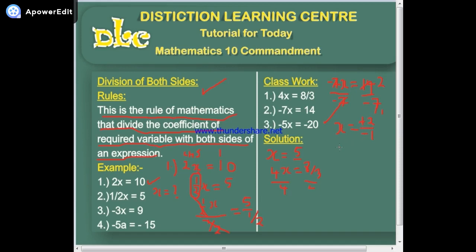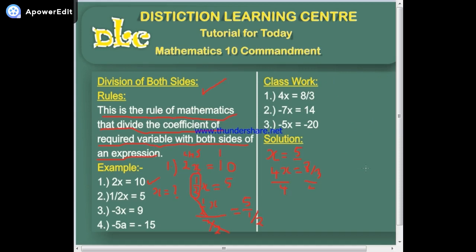We give you minus. And 2 divided by 1, we give it 2. So that means our x equal to what? Minus 2. So we've given justice to the second question too, in which I'm very sure that you also get that minus 2. You can see that division of both sides is very simple.